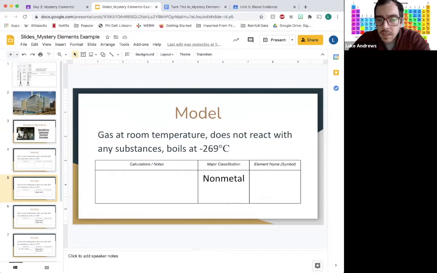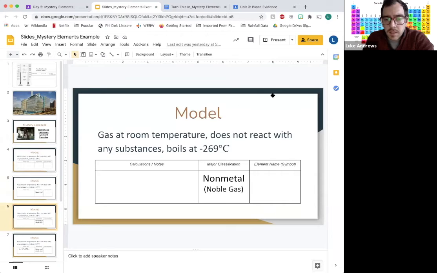We know from yesterday's lesson that most metals are not gas at room temperature. So if this is going to be a gas at room temperature, it's got to be a nonmetal. Also, that really low boiling point of negative 269 degrees Celsius is also a pretty good clue that this is a nonmetal. Metals have much, much higher melting points than nonmetals.